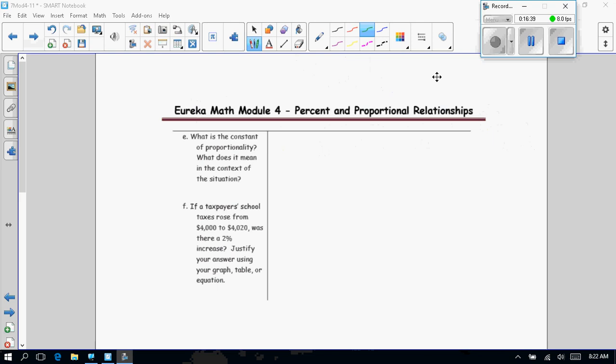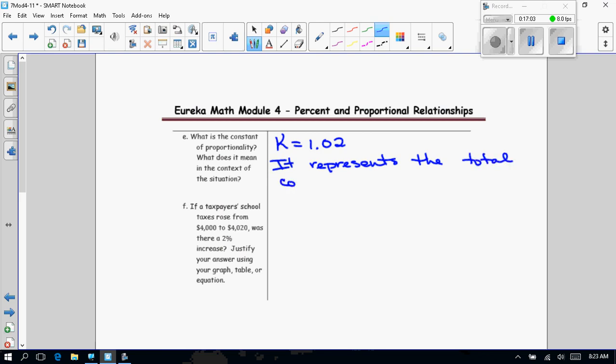So what is the constant of proportionality in this problem? What did we multiply by every time? Well, it's 1.02, right? It represents the total cost with tax.